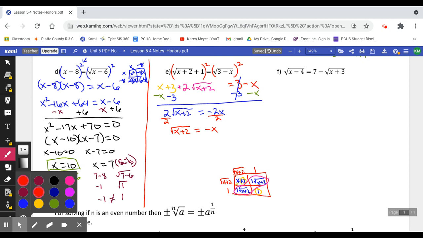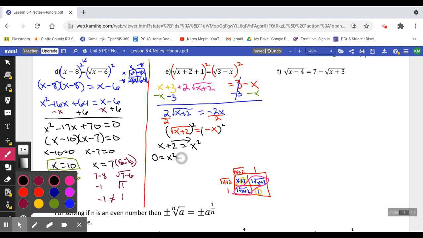And then finally, since I've got the square root all by itself, I can say, let's get rid of the square root by squaring both sides. So the left side, they all cancel out, which is x plus 2. On the right side, negative x squared becomes a positive x squared. Then I have to move everything to the same side so I can factor it.